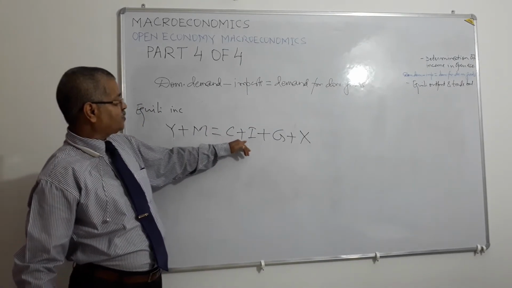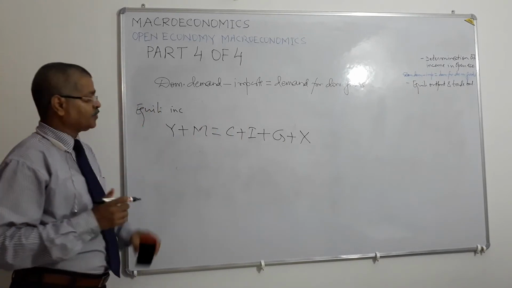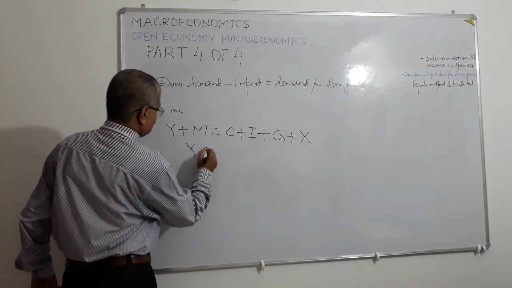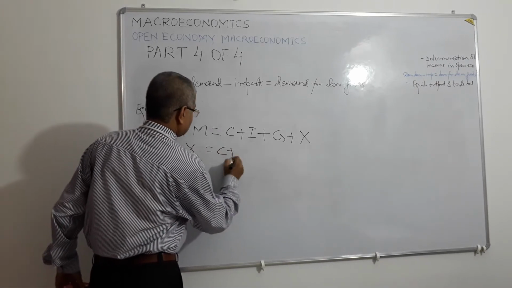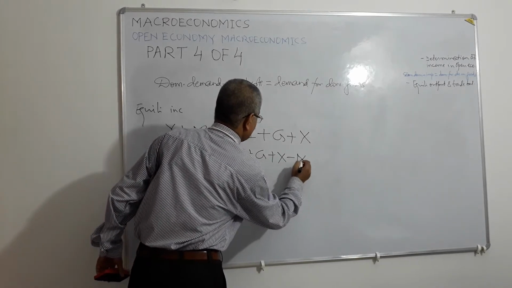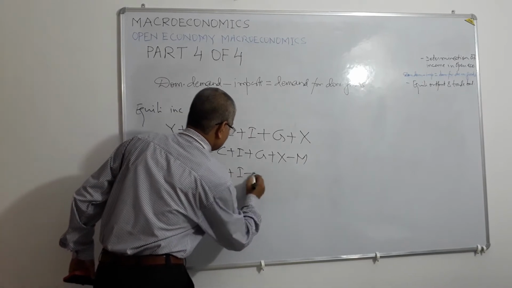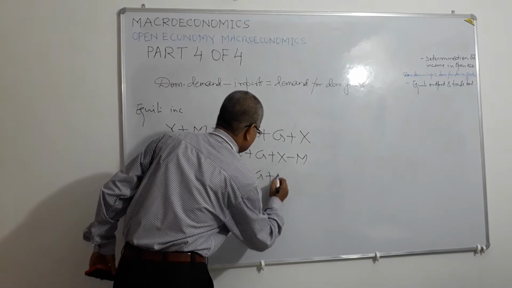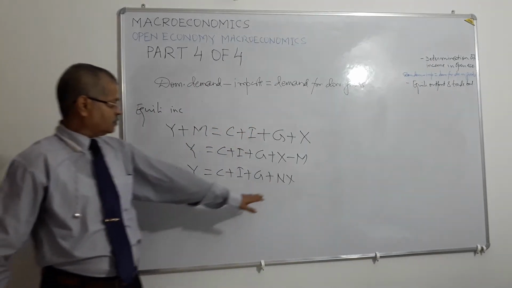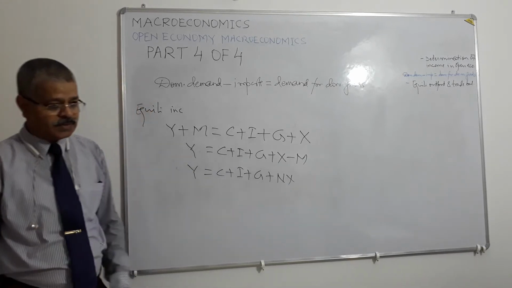Consumption expenditure, investment expenditure, government expenditure plus exports, right? When we rearrange it, we get Y is equal to C plus I plus G plus X minus M, or Y is equal to C plus I plus G plus NX, net exports. Exports minus imports, net exports, right?